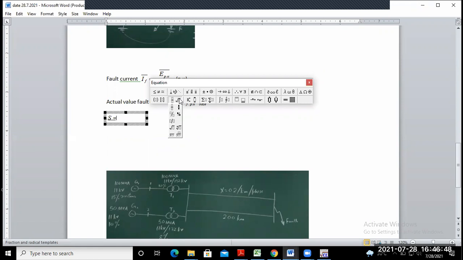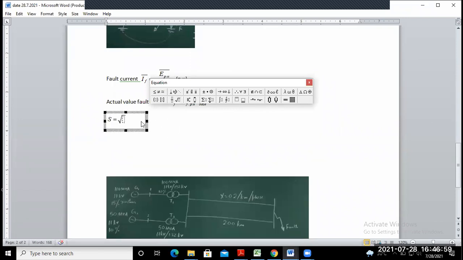If you represent all the voltage and current in phase, that means simply 3 times the per phase voltage and current. And if you represent voltage and current in line, then root 3 V_L into I_L. So whatever you may want.